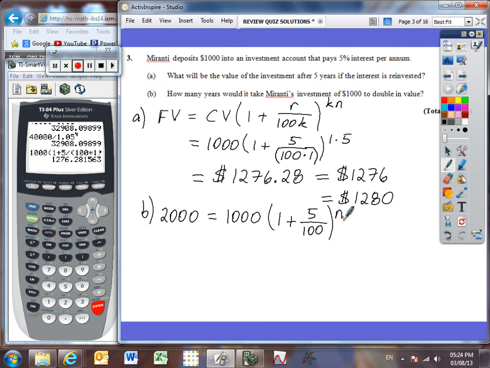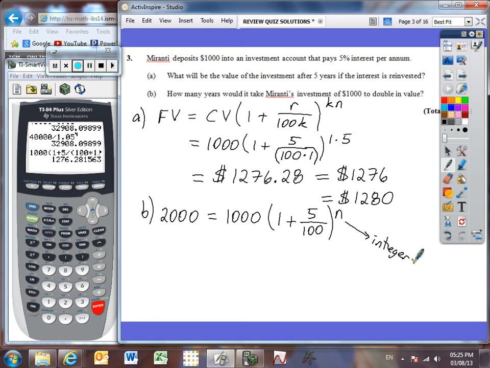Now please note that in this problem, because she's only being paid interest each year, she needs to wait until the end of a year in order for the interest to finally kick in and for her account balance to go upwards. So because we're looking for the end of a year, that is to say the number of complete years that have passed, we know that n must be an integer.